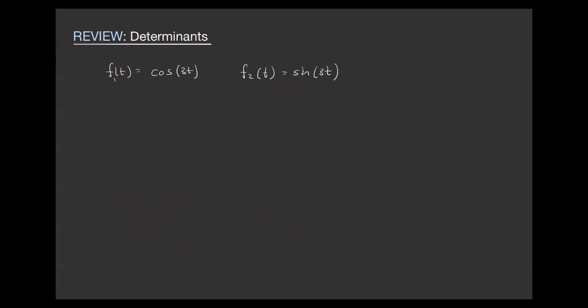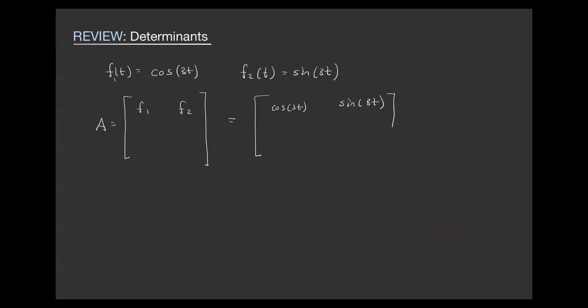If we set these up in a matrix, let's say we have a matrix A, and we set this up as f1, f2, which I'll write as the matrix cosine of 3t, sine of 3t.